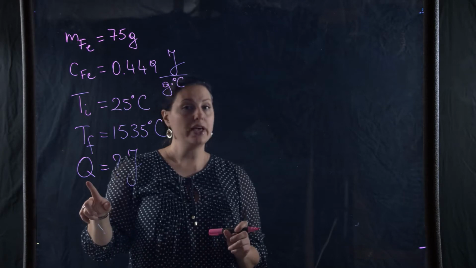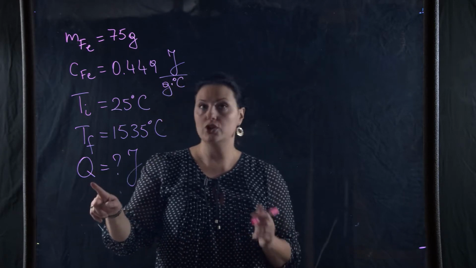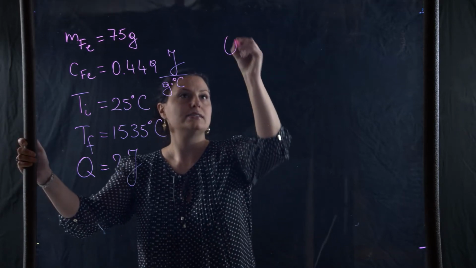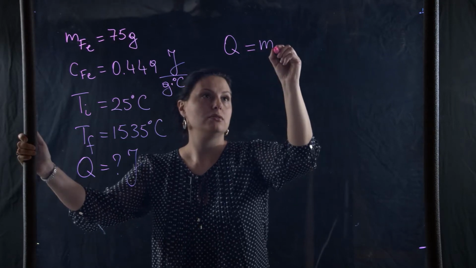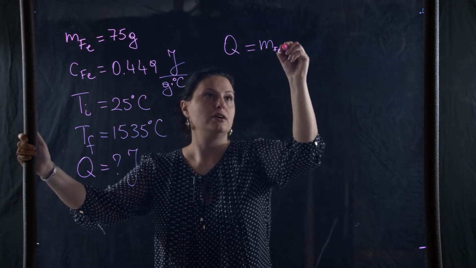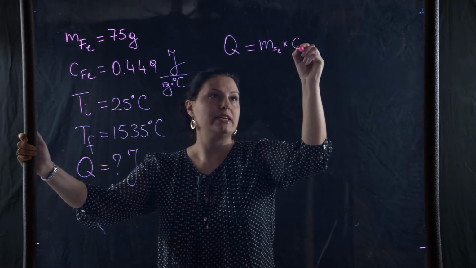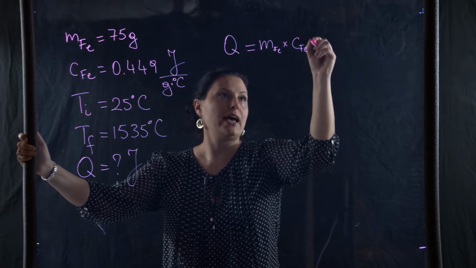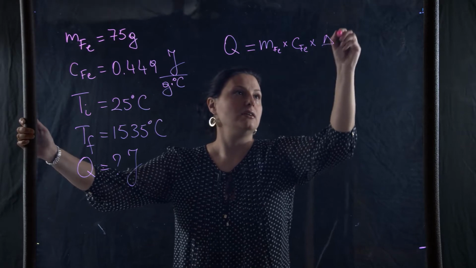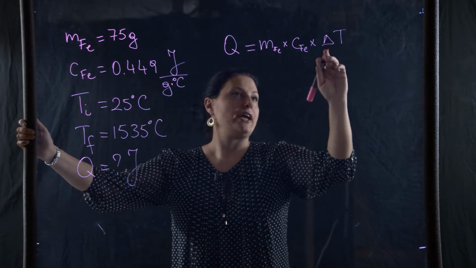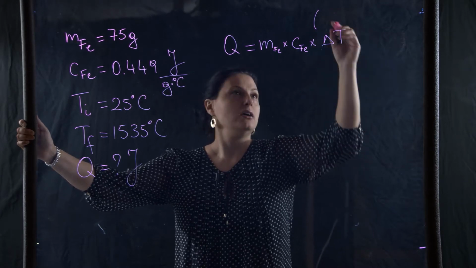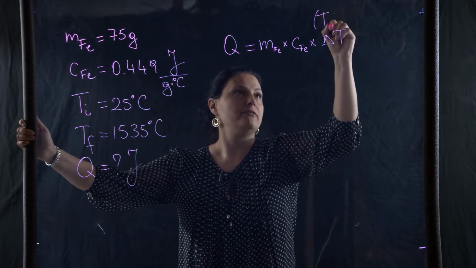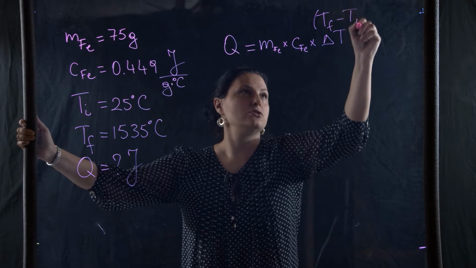Okay, we know the formula for Q. Q is given as the mass of the iron times the specific heat for iron times delta T. Delta is just a change, so delta T means the change in temperature, which if I expanded it would be final temperature minus initial temperature.